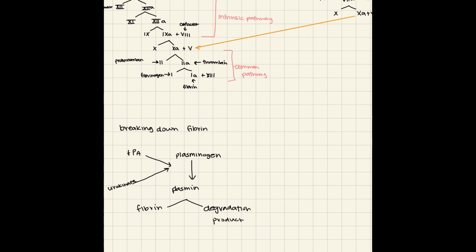So TPA increases the rate at which we break down fibrin, because our bodies would break down fibrin anyways. Fibrin is just going to kind of dissociate. But by creating plasmin and using plasmin to break down fibrin, we can break down the clots faster. This is important in a clinical setting where maybe somebody is having a stroke or a heart attack.